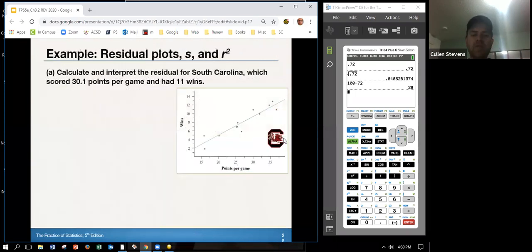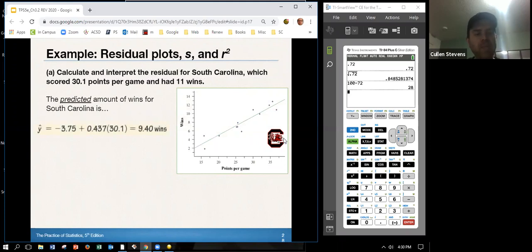Okay. So first of all, let's calculate and interpret the residual for South Carolina. They scored 30.1 points per game and had 11 wins. So the predicted amount for South Carolina is, well, remember that y hat, or the predicted y, from our line of best fit on the previous slide, was negative 3.75 plus 0.437 times the points, so we put the points in, 30.1.